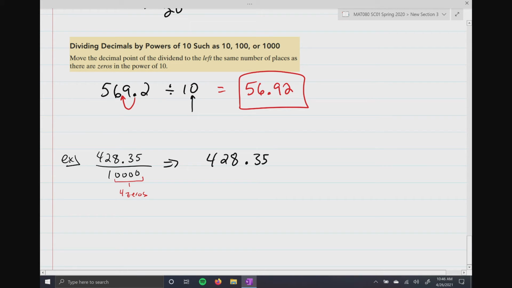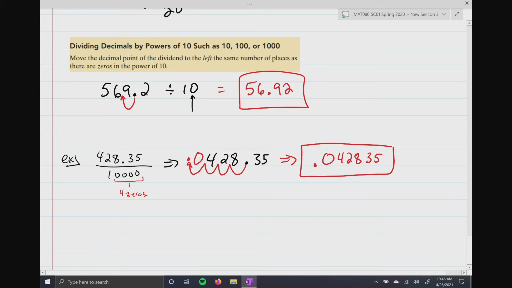So since I have 4 zeros, 1, 2, 3, and 4, I have to include a 0 in my answer now. Okay? I really don't know how to make that any more difficult, nor any easier. It's just a rule.